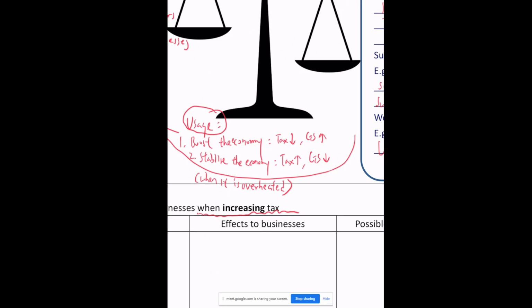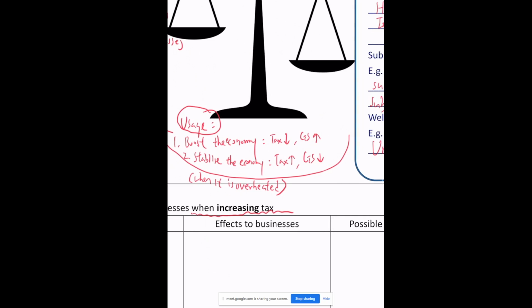We know that from the economic objectives, and that's why sometimes you want to promote the economy, and sometimes we want to stabilize the economy by increasing the tax and also reducing the government spending, to lower the economic activity. So you want to cool down the economy by doing that.